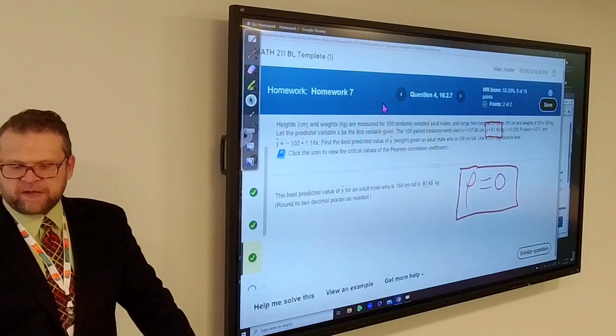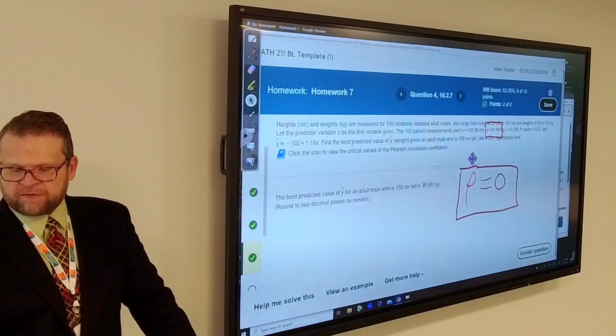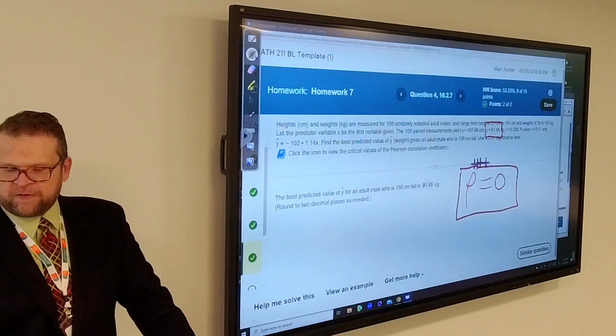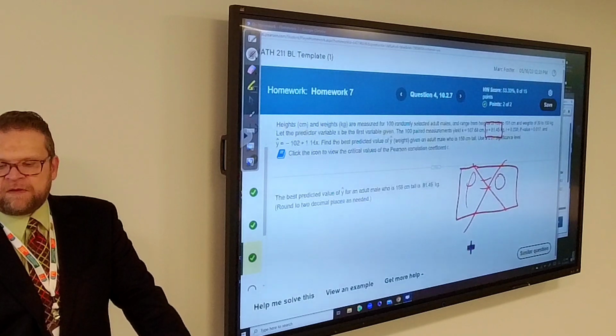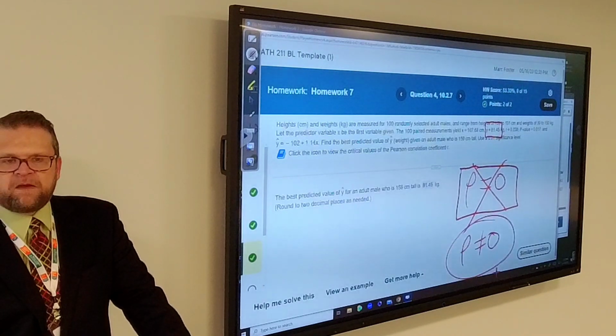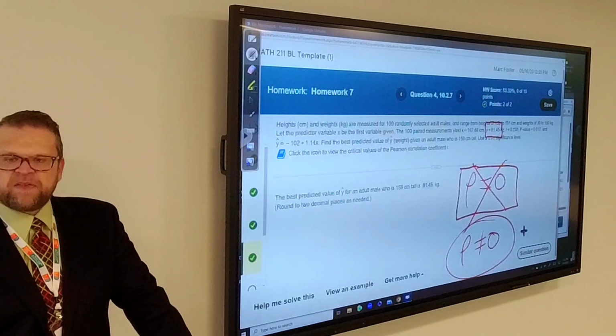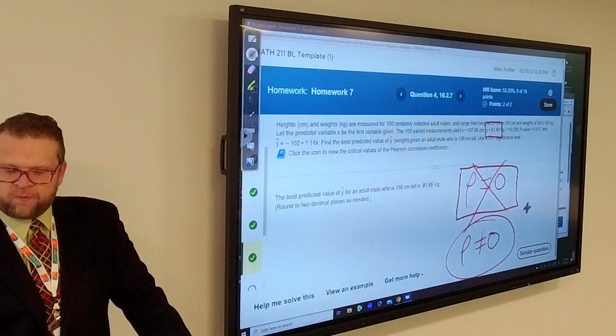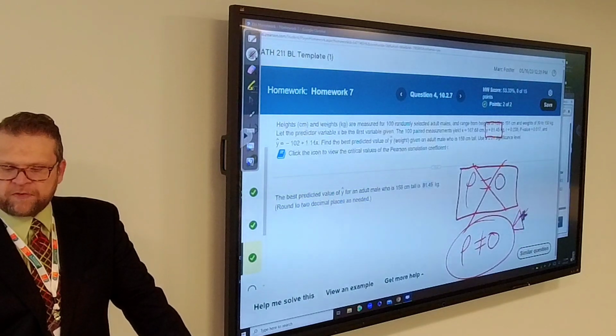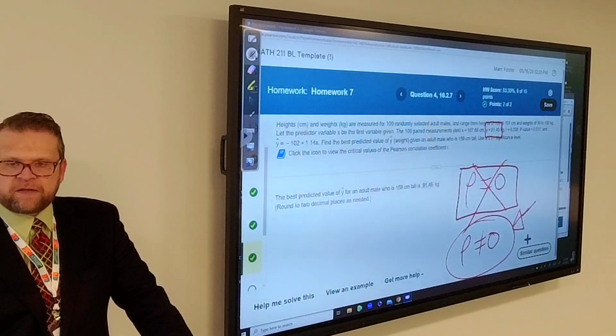And if you reject H0, it means you take this idea here and you say, forget about it. That's not true. Yes. Instead, this must be what's true. And what does that mean? That means there is some correlation. So when this happens, you're going to use your equation of the line.